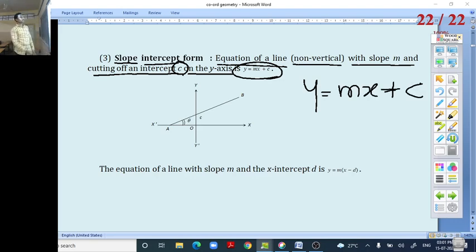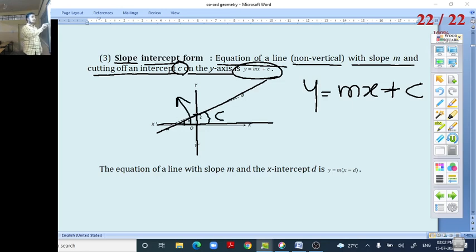You can see the picture also. There is the y-axis and the x-axis, and there is a line touching the y-axis at a distance c from the origin, making an angle theta with the positive x-axis.